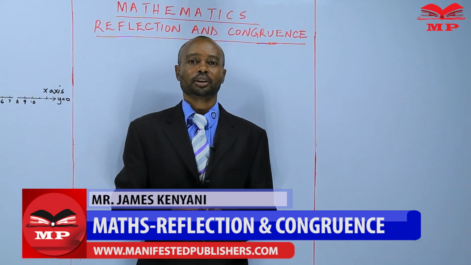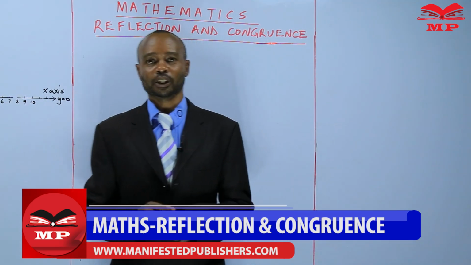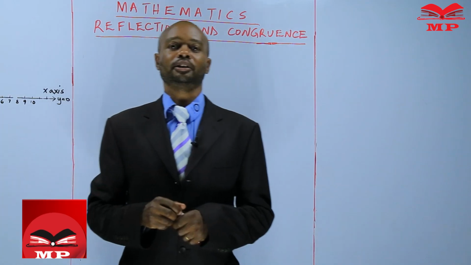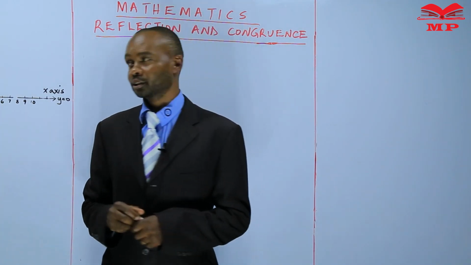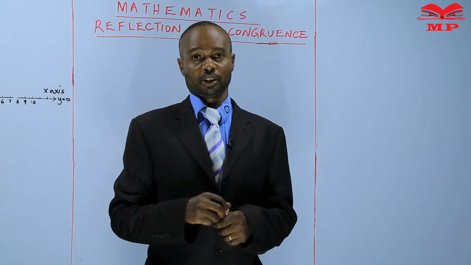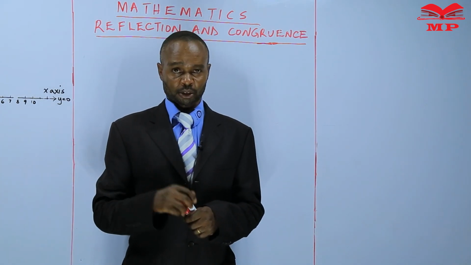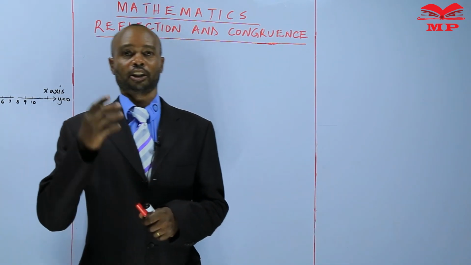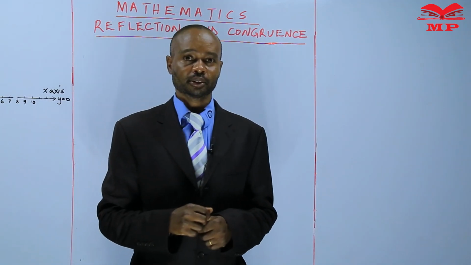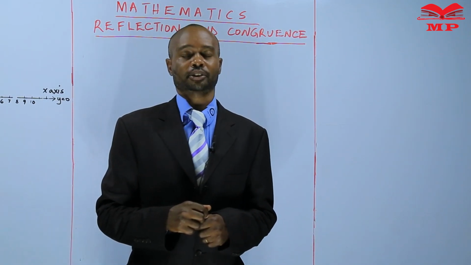We are going to proceed with our topic on reflection and congruence. In the previous lesson, we've been looking at several reflections on the Cartesian plane. Last lesson, we looked at reflection in the line y equals x.